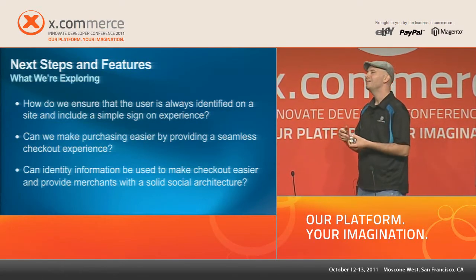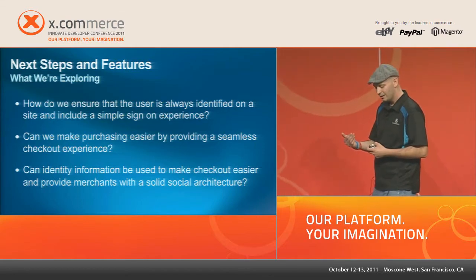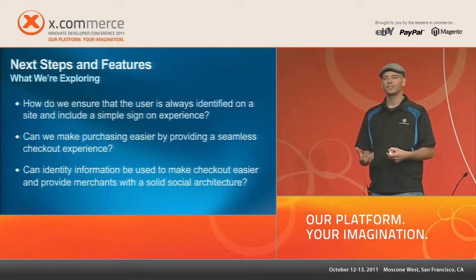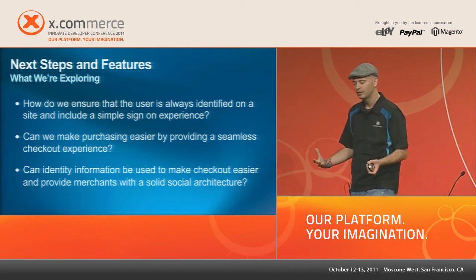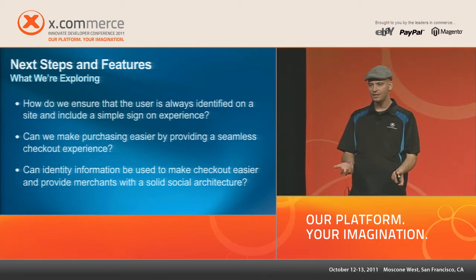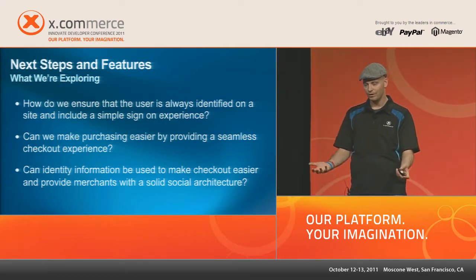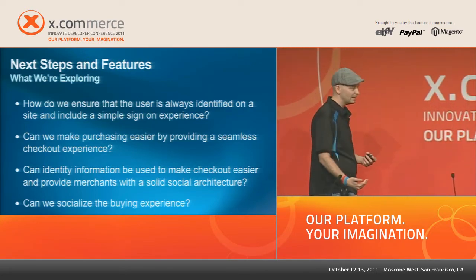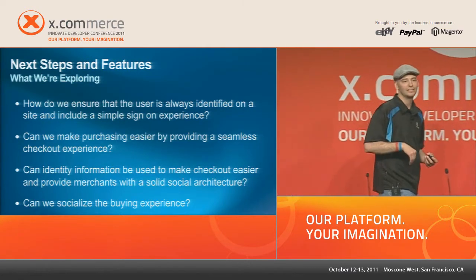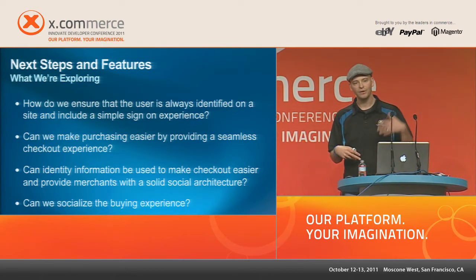Then, can we use that identity system to extend upon the social architecture? So extend your reach out to different sources and draw more users back. Engage with more people in the space and get more renown for your products. And then obviously, we want to build enhancement widgets to create that socialized experience and really allow people to be on the same level.